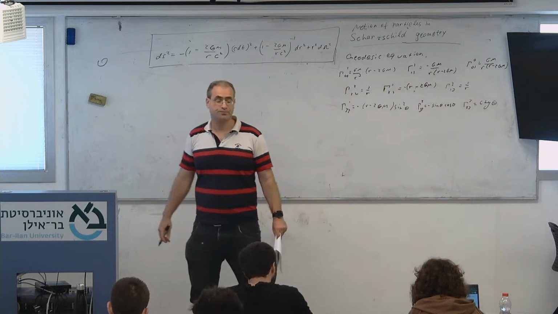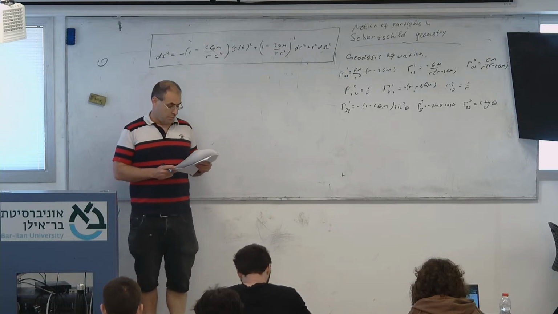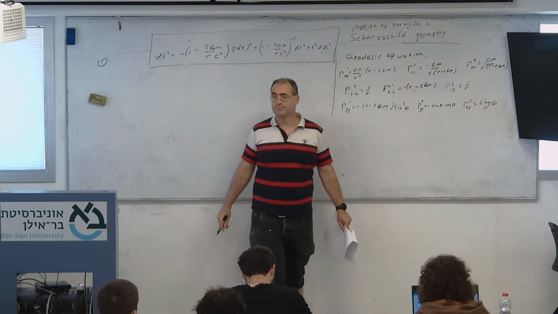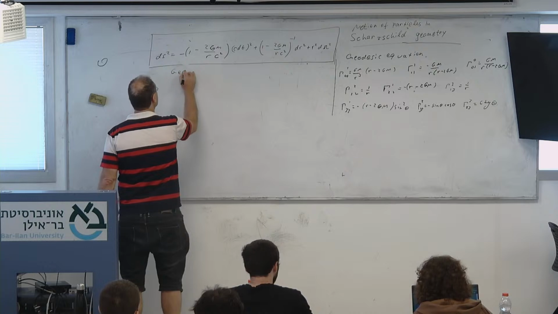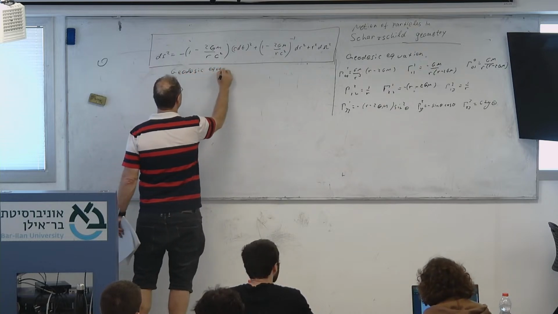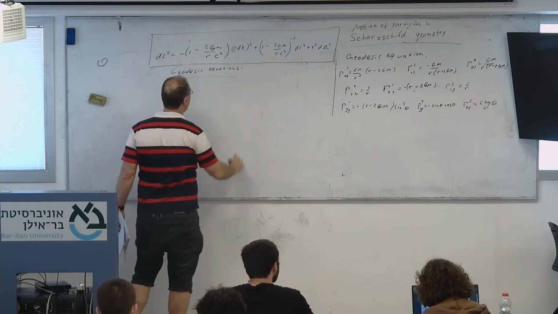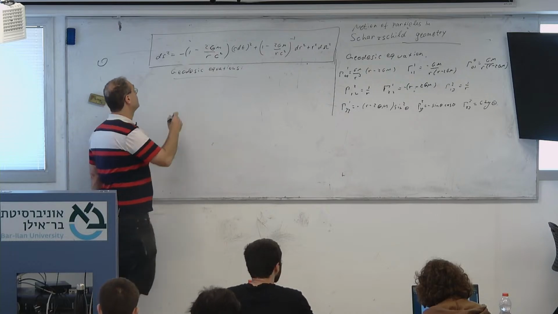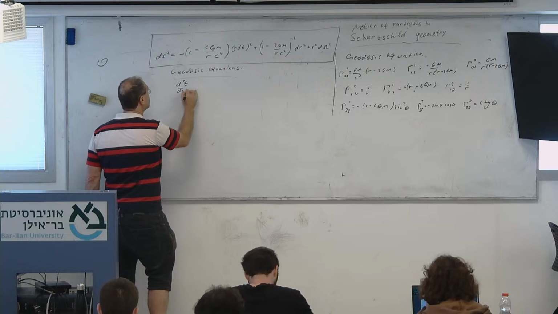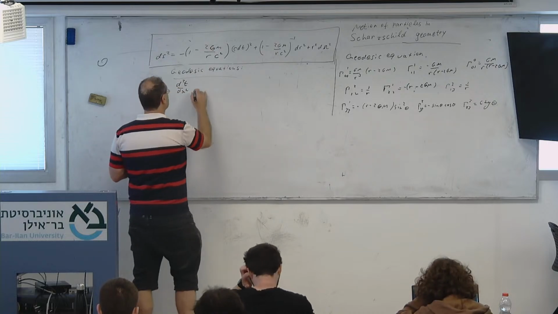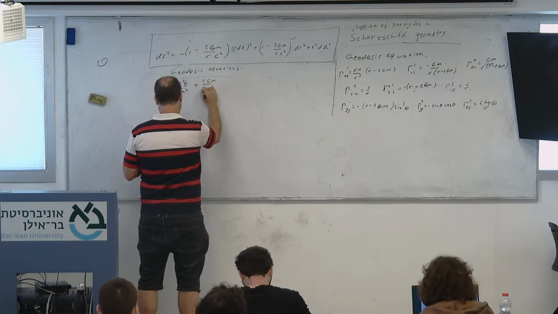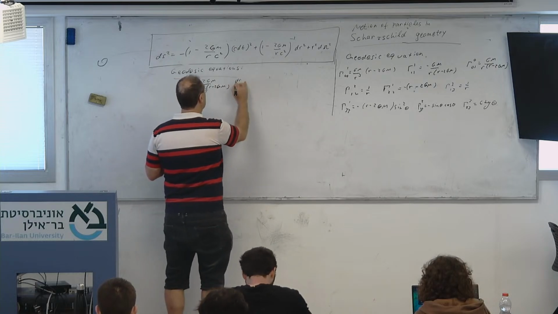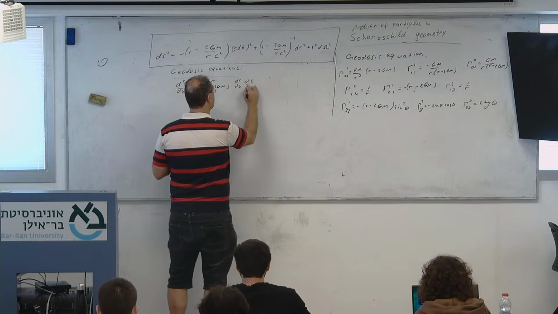That's what we get. How many geodesic equations do we have? 4, one for each coordinate. For t: d squared t over d lambda squared plus 2GM over (r minus 2GM) times dr over d lambda dt over d lambda is equal to 0.